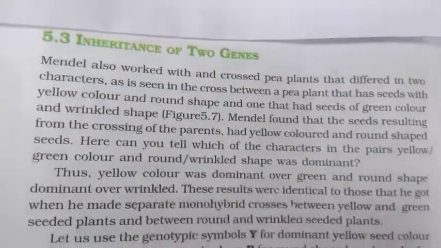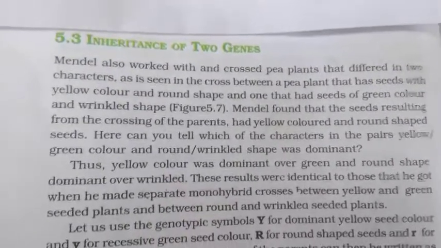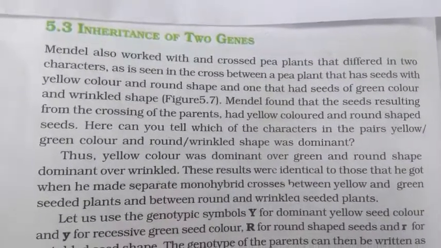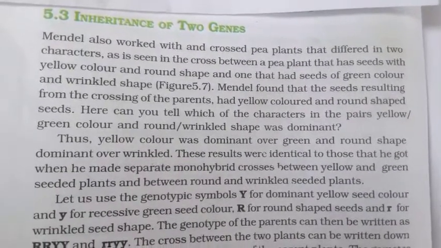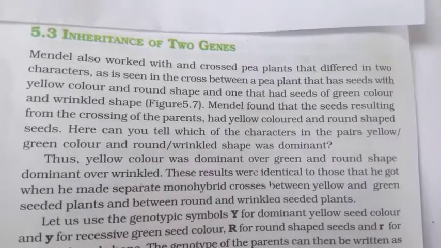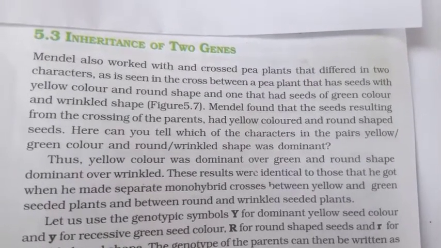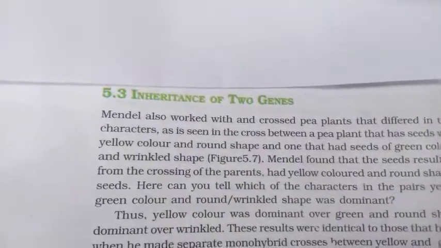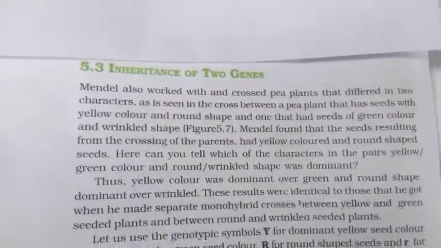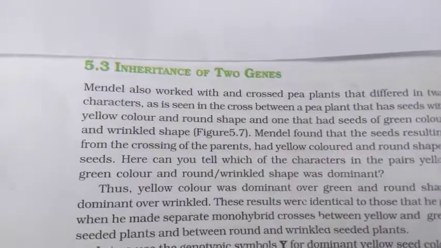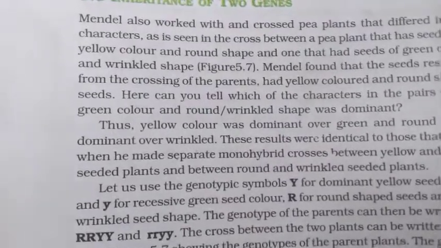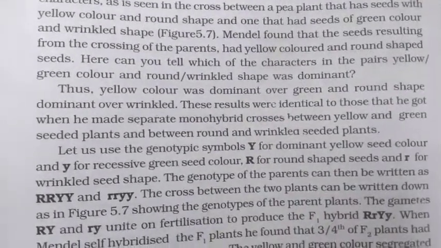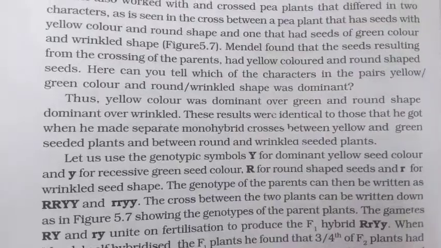Mendel found that the seeds resulting from the crossing of the parents had yellow colored and round shaped seeds. Here we can tell the characters in pairs, that is yellow and green, and round and wrinkled shape. Yellow color was dominant over green and round shape dominant over wrinkled.